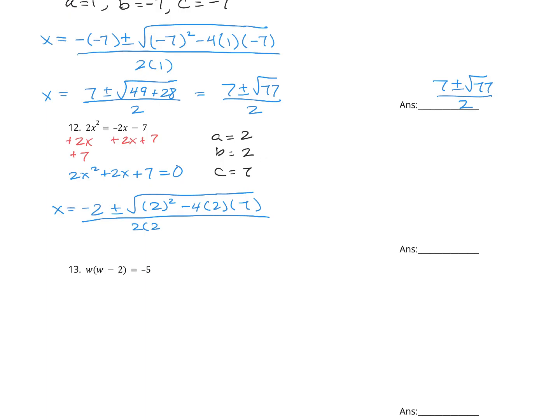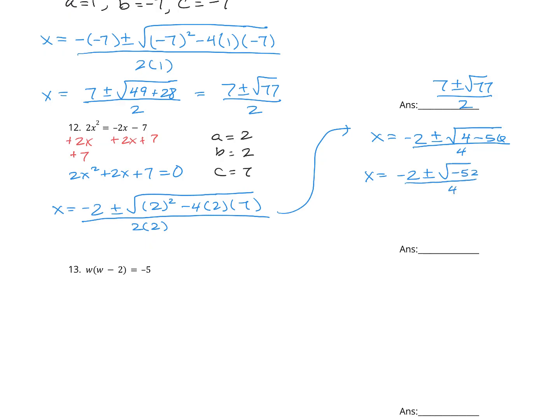All over 2 times 2. Simplifying this down, I get x is negative 2 plus or minus, and inside the radical, that is 4 take away 56 all over 4. Well, that's actually a negative 52 over 4.